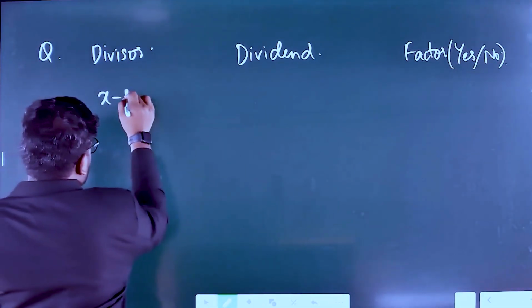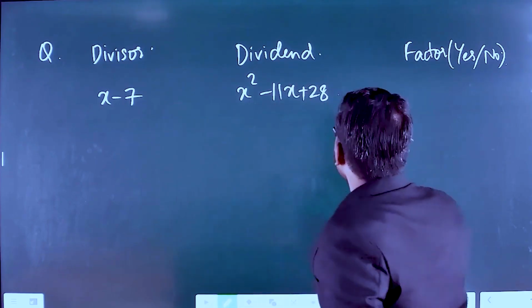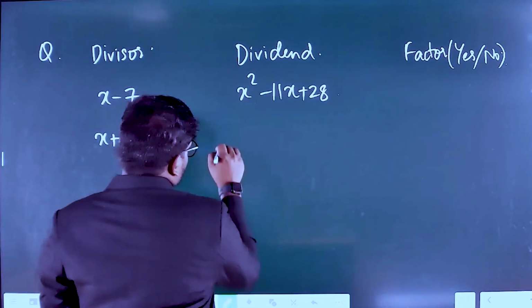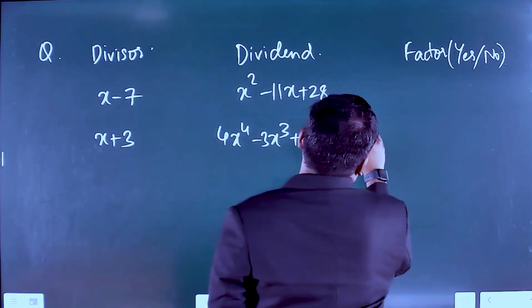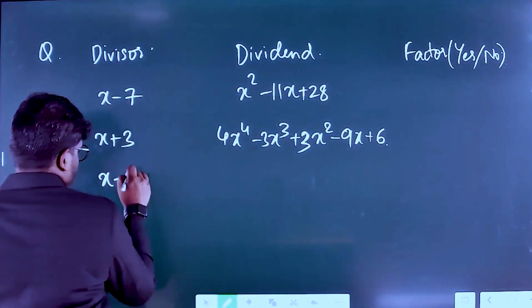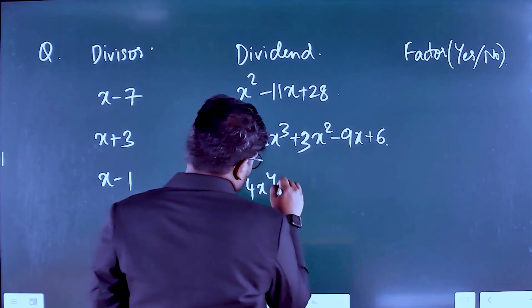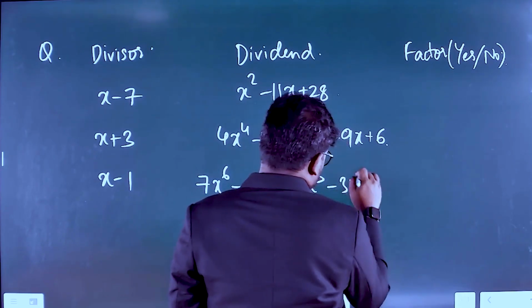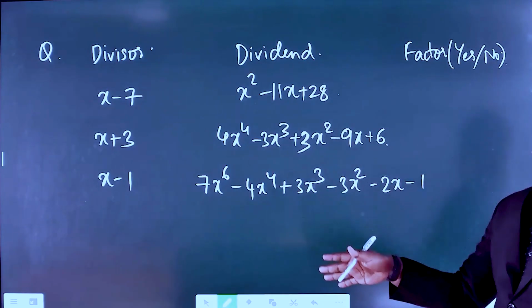So the divisor will be x minus 7. Dividend will take it as... So take the divisor, calculate the remainder.